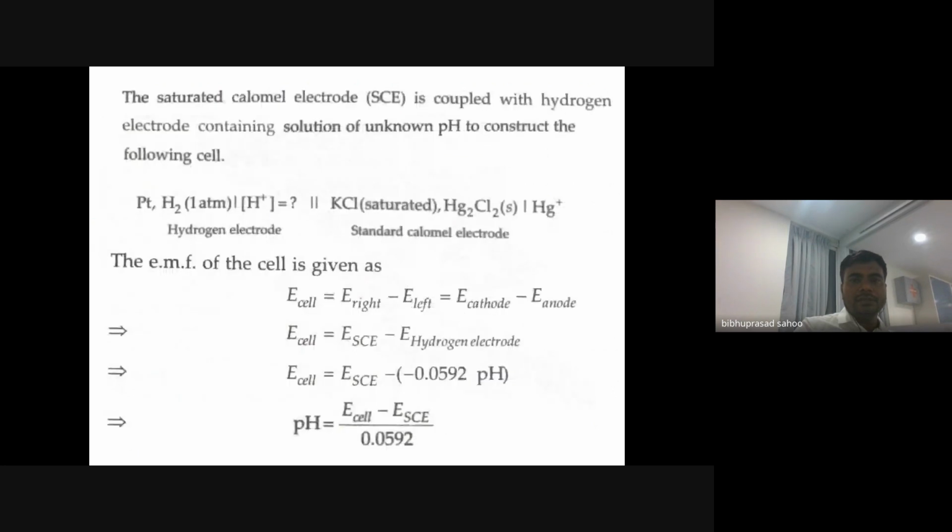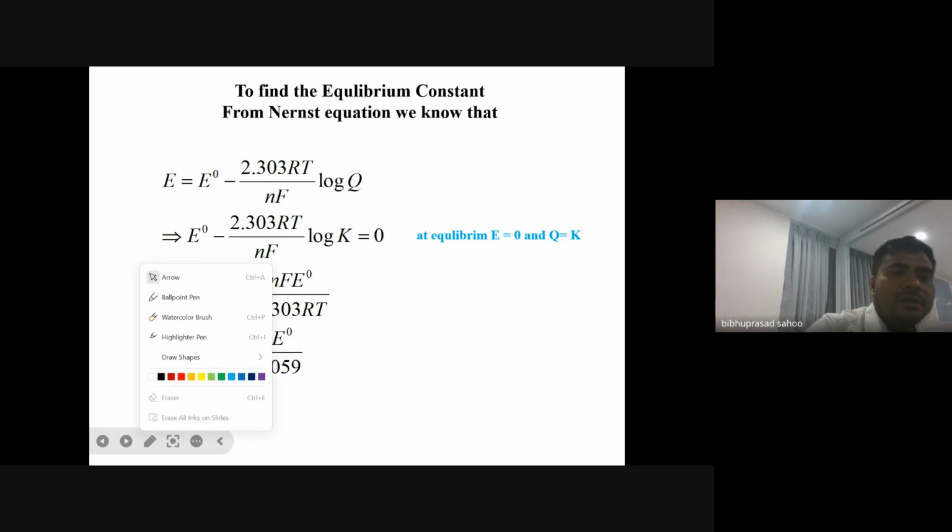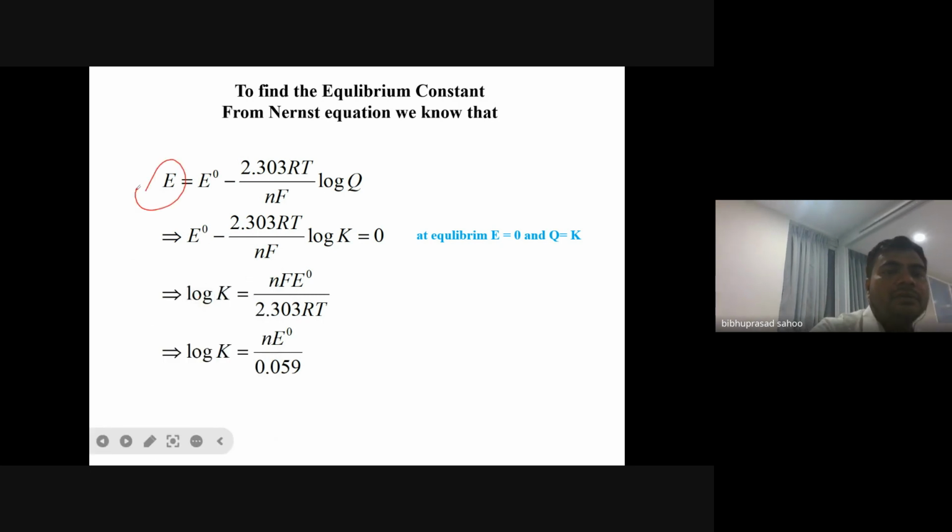Let me check whether the equilibrium constant is here or not. Yes, to find the equilibrium constant from the Nernst equation, E cell is equal to E naught cell minus 2.303 RT by F log Q. So at equilibrium, E is equal to 0, K is equal to Q. This becomes 0, and this will be K. So the equation will be 0 equal to E naught minus 2.303 RT by NF log K. देखो ये 0 के वैल्यू किसके जगह में लिखा है, E के जगह में लिखा है.